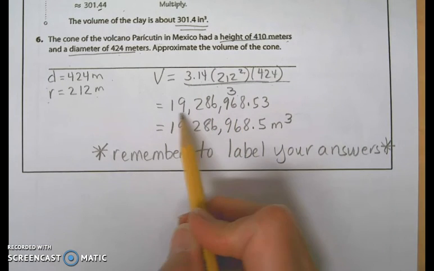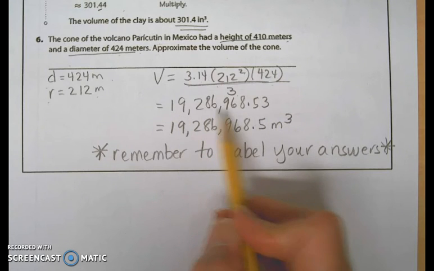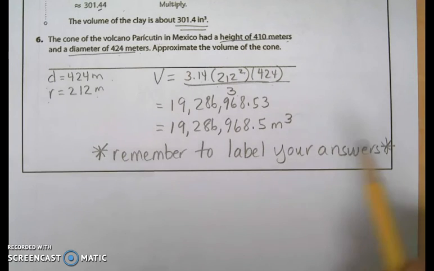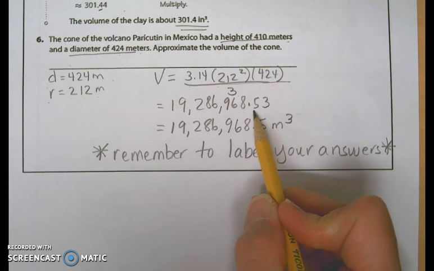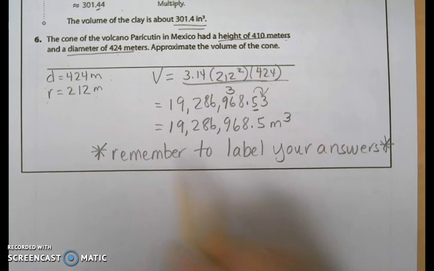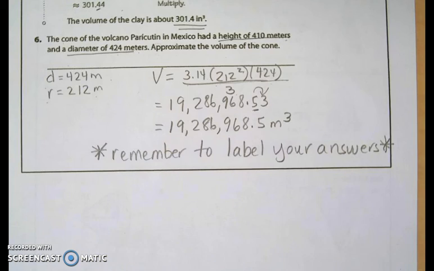The calculator will give you 19,286,968.53. Again, we're going to round to the nearest tenth. So the 5 is in the tenths. When I look to the 3, it says round down to get 19,286,968.5 cubic meters.